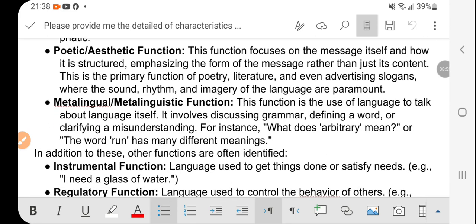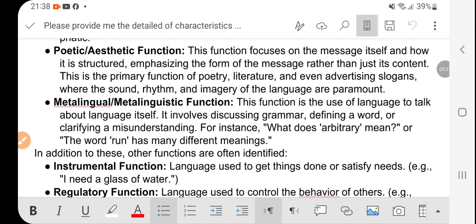Then poetic or aesthetic function. Another use of language is that this function focuses on the message itself and how it is structured, right? Emphasizing the form of message rather than just its content. This is the primary function of poetry, literature, and even advertising slogans, where the sound, rhythm, and imagery of the language are paramount.